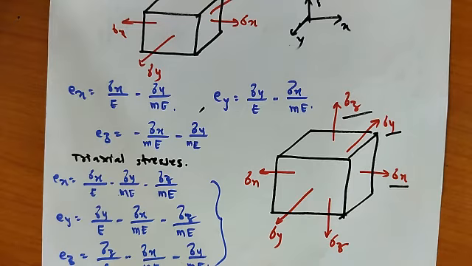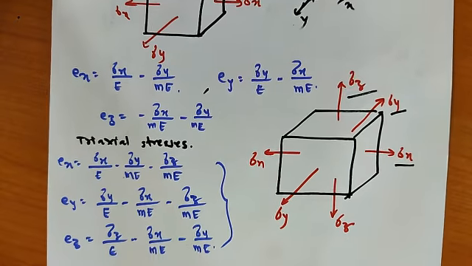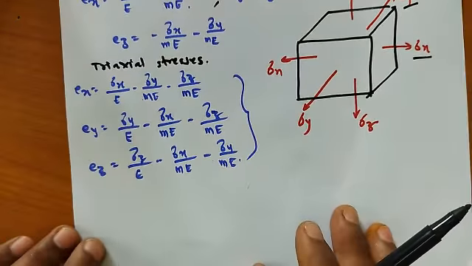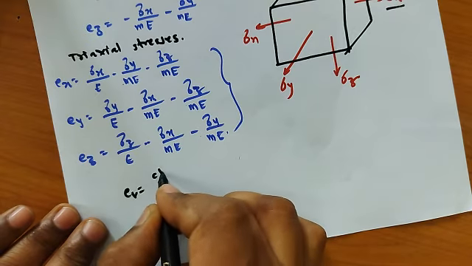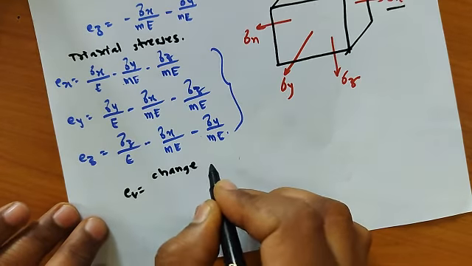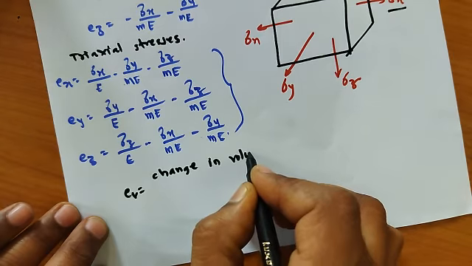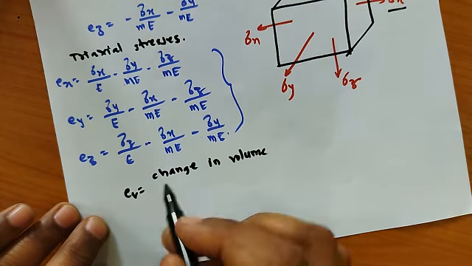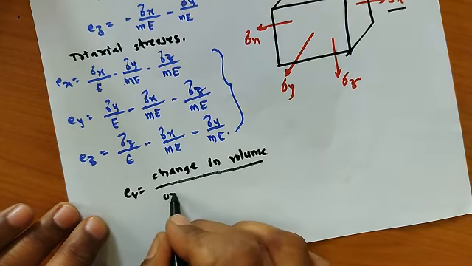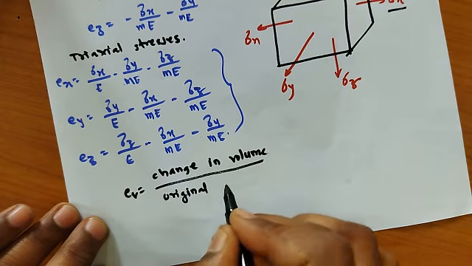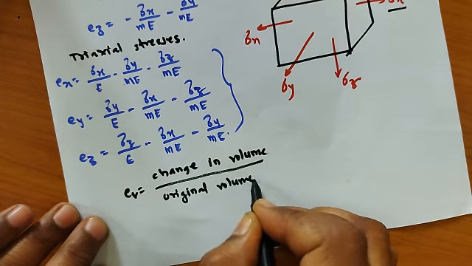By using this we can find the volumetric strain, and from the volumetric strain we will see the change in volume. Volumetric strain is equal to change in volume divided by original volume.